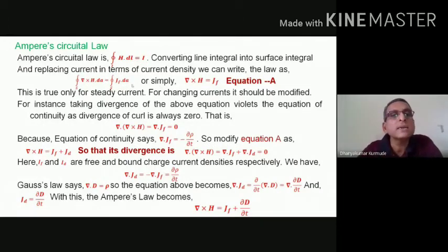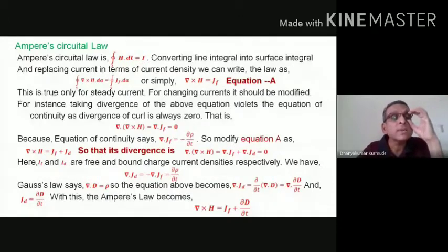Now since the area is arbitrary, this equation holds good for any conductor of any cross-sectional area. So we can equate the integrands and write curl H, that is del cross H, is equal to J_f. Let us call this equation A.